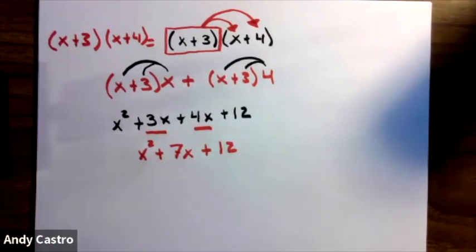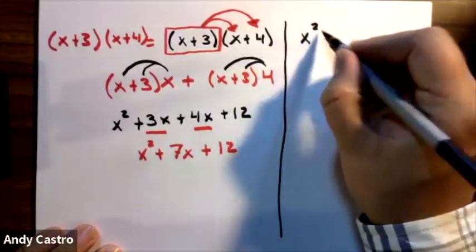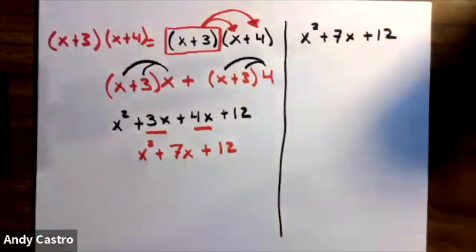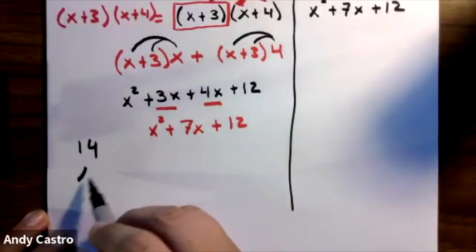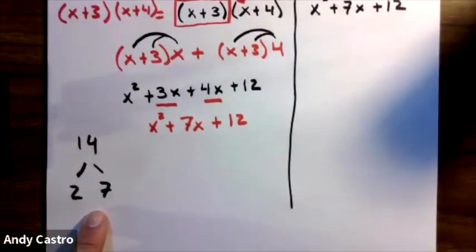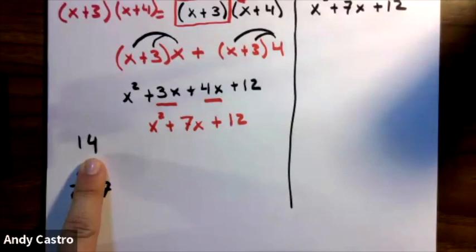Now, I can actually go the other way. I can start with x squared plus 7x plus 12. And just like I can take a number like, let's say, 14, and break it into 2 primes, or take any number and break it into primes, and if I multiply those together, I get that number.